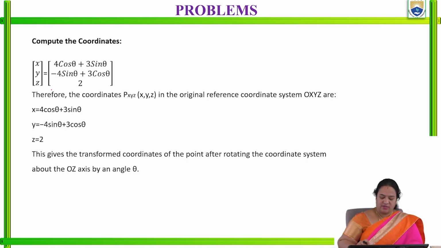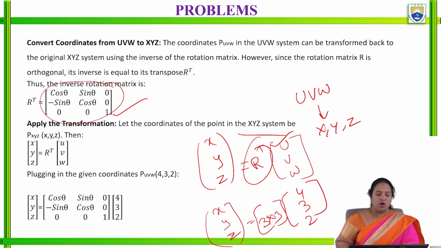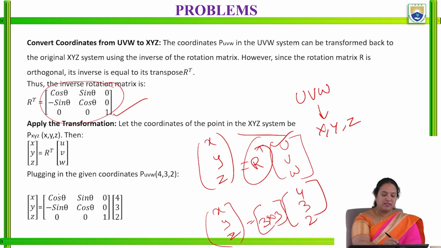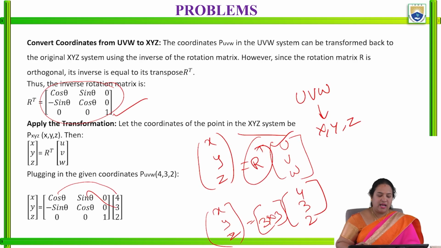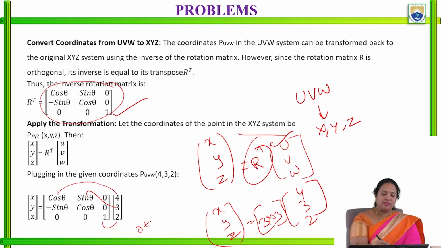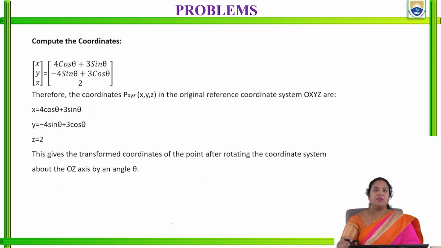X, Y and Z is equal to 4 cos theta plus 3 into sin theta, then minus 4 sin theta plus 3 into cos theta, and the last one is 2 into 0 is 0, plus 0, plus 2. So that is 2. Right? So from here we have got the X, Y, Z coordinates.